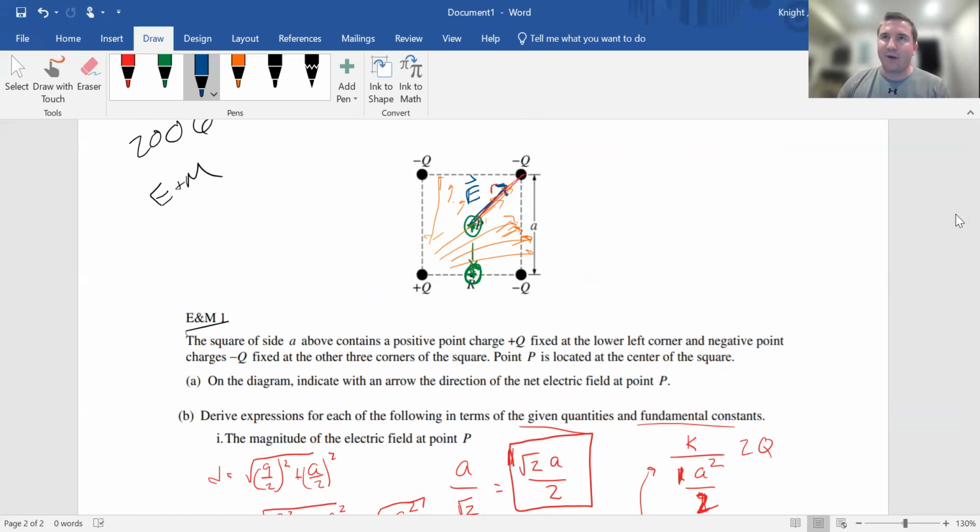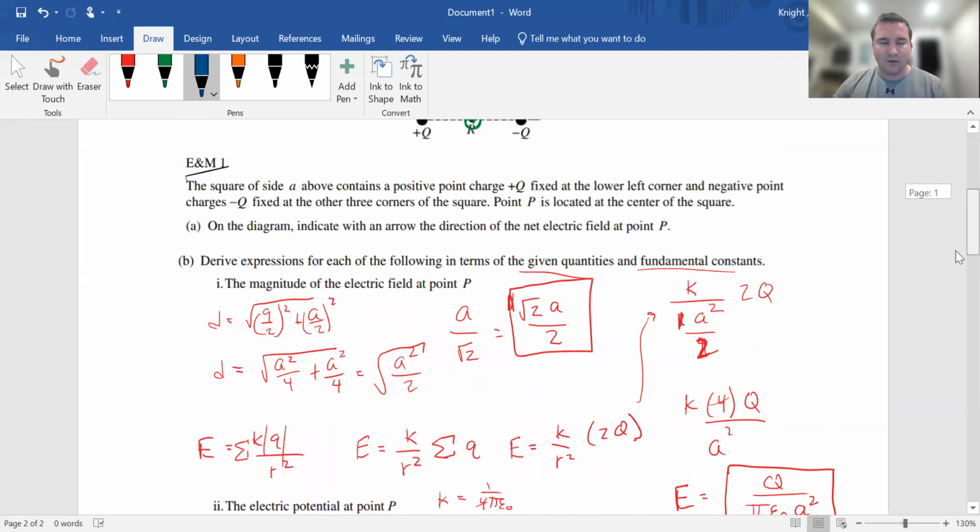And if you're moving a positive particle to a more positive potential, we have to do negative work. The field would want to move a particle from high potential to low potential. And if we're going from high potential to higher potential, we're doing the opposite of what should be happening. So that's negative work.